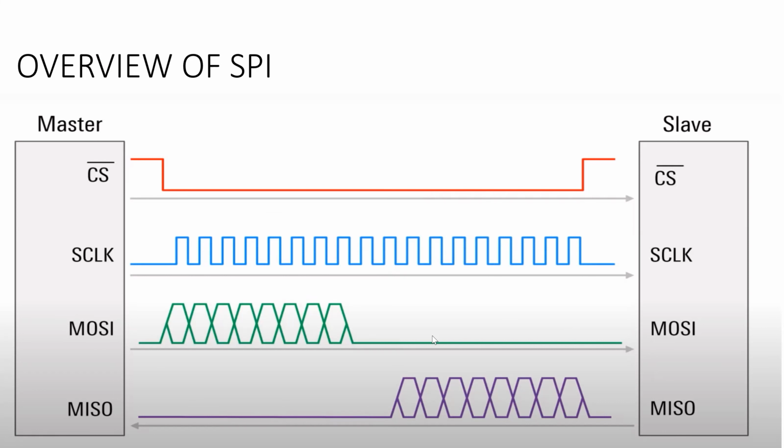If the master wants to receive data from the slave, then the MISO will send the data, which is completely unidirectional. Like this is one direction and this is the other direction. MOSI in the sense the master will send the data and the slave will receive the data. And in the violet line, you can visualize that the master will receive the data sent from the slave.